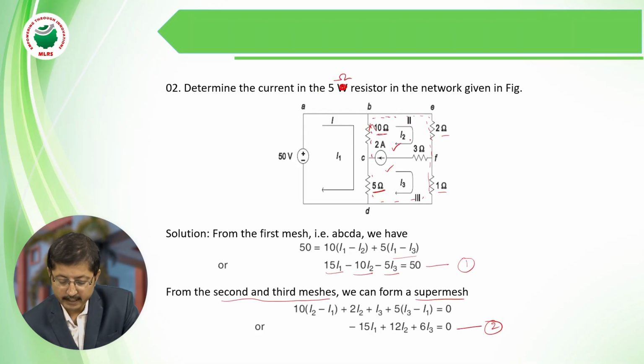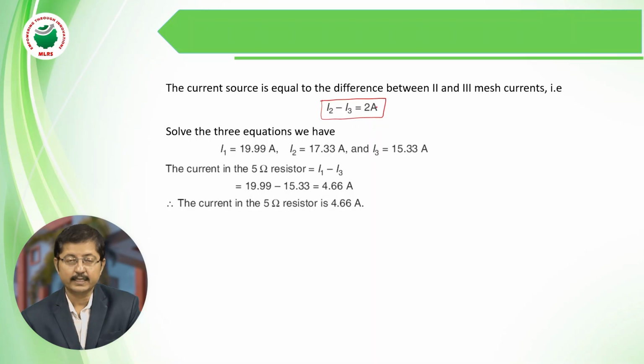You can see that I2 is in the direction of the 2 ampere current source, and I3 is opposite to the current direction, so we write I2 minus I3 equals 2 amperes. After getting these three equations, we solve them, and based on the solution we get the three currents I1, I2 and I3.